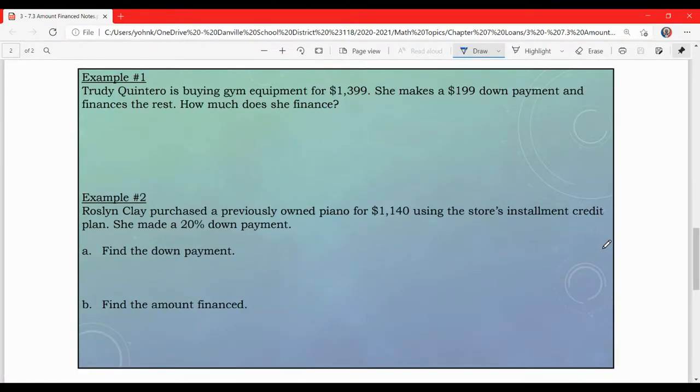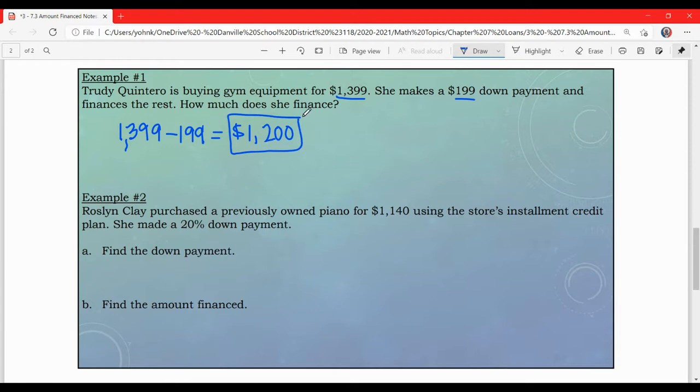So here are some examples. Number one, Trudy Quintero is buying gym equipment for $1,399. She makes a $199 down payment and finances the rest. How much does she finance? All I have to do is take the purchase amount, $1,399, and subtract the down payment of $199, and that leaves $1,200 to finance.